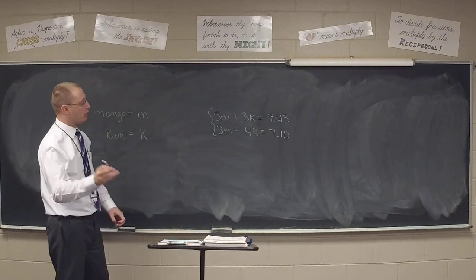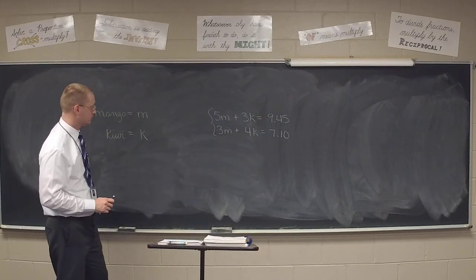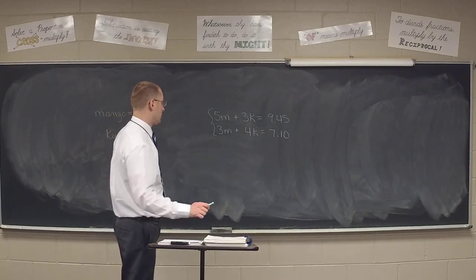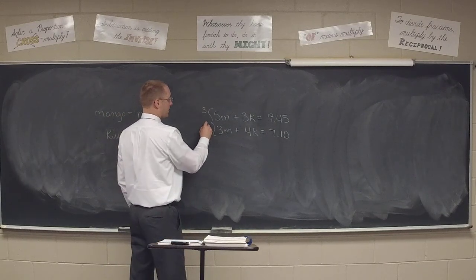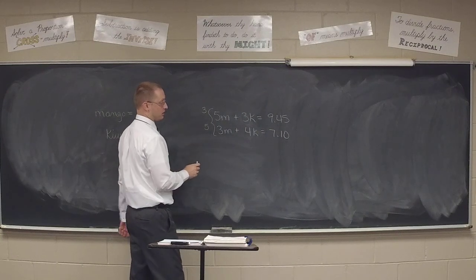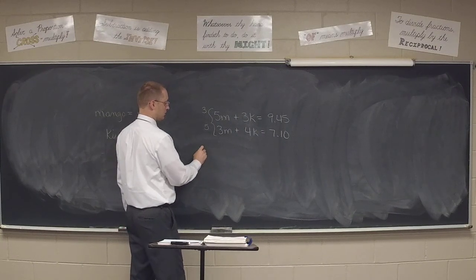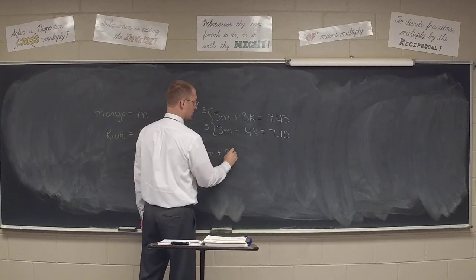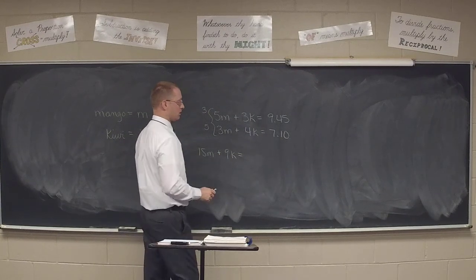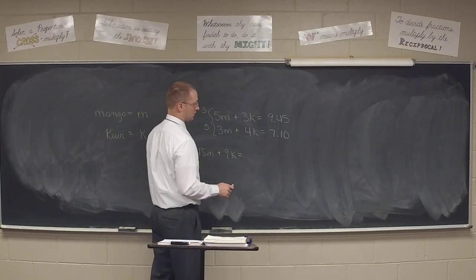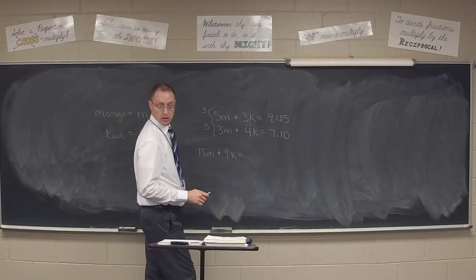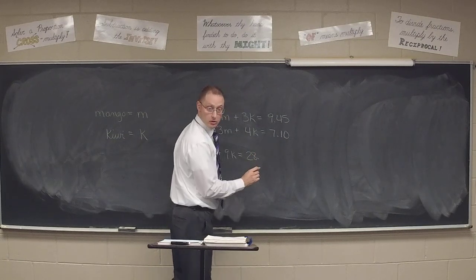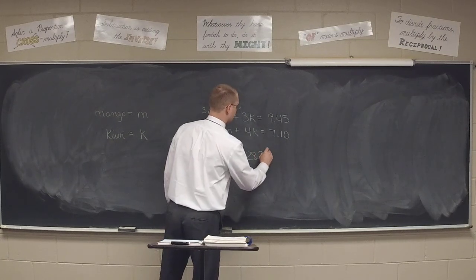All right, and Noah, what did you do? I multiplied top by 3, bottom by 5. Okay, top by 3, bottom by 5, and that gave you what new system? 15m plus 9k equals 28.35. Good.